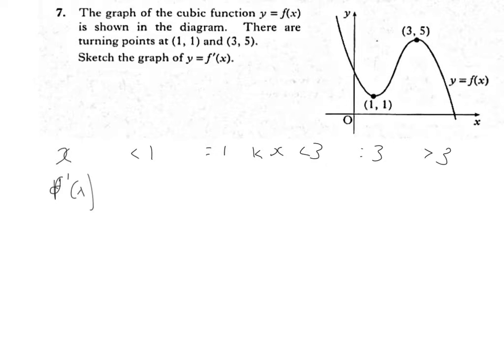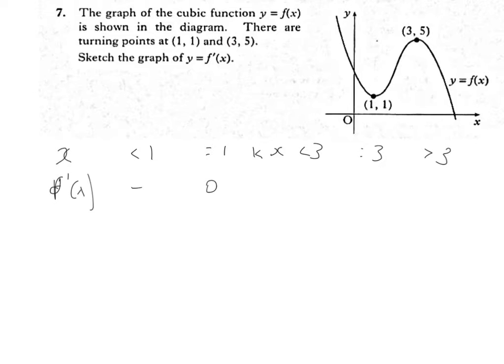So before 1, pretty clearly, if I look before 1, that curve's going downwards, therefore I can say that the gradient is definitely negative. 1 is a stationary point, a point of zero gradient, so I record that as zero gradient.